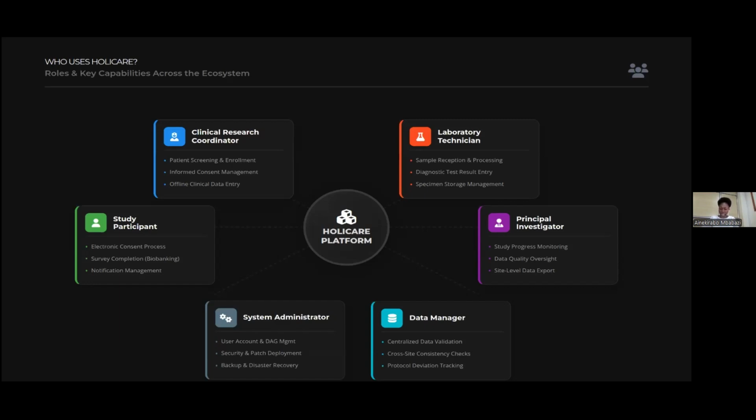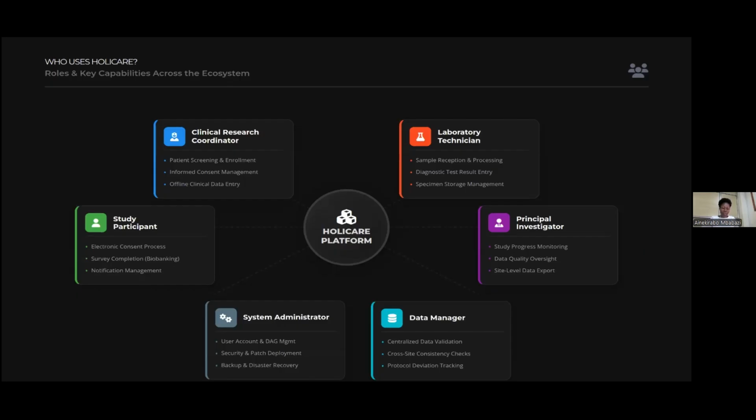The data manager is able to access centralized data and do cross-site consistency checks to ensure conformity to the protocols set up for the study. Then the site admin sets up the user accounts and data access groups for the different sites participating in the study, and also does security and patch deployments alongside backup and disaster recovery activities.